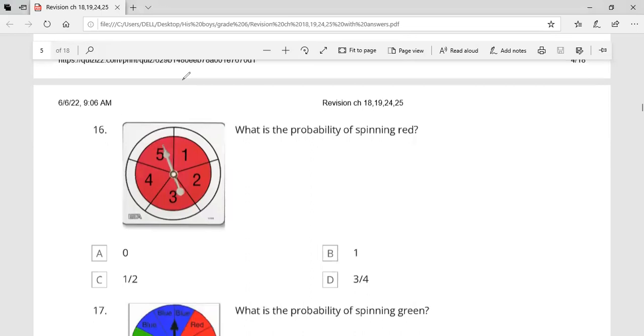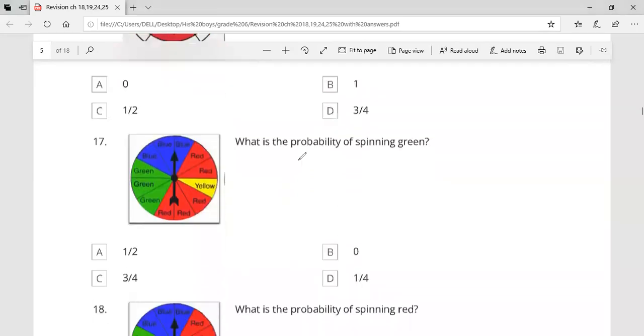What is the probability of spinning red? Here all of them are red. How many? 1, 2, 3, 4, 5. 5 out of 5. We get 1, as we said before. Not more than 1. Probability is between 0 and 1. Here is the next one. What is the probability of spinning green?